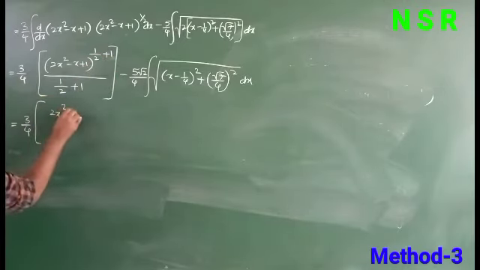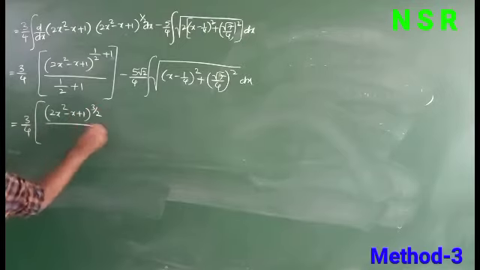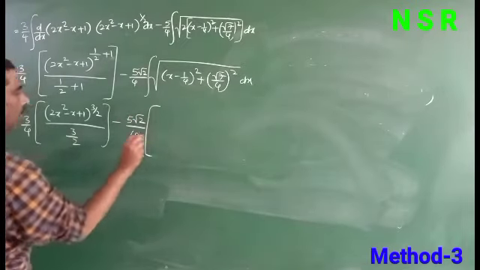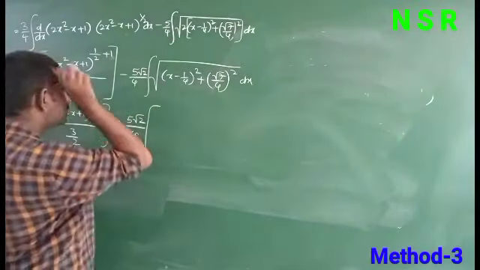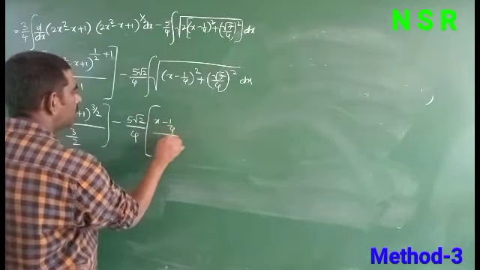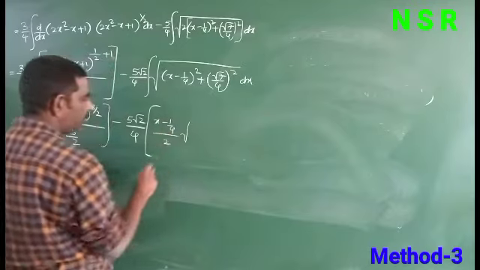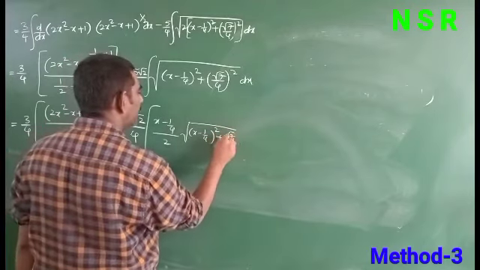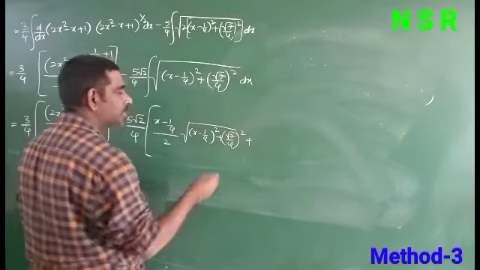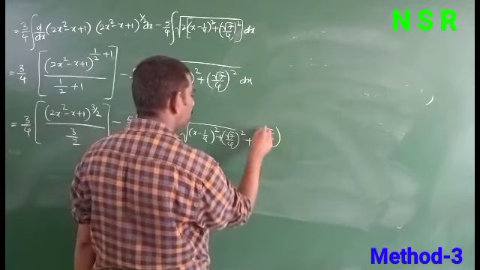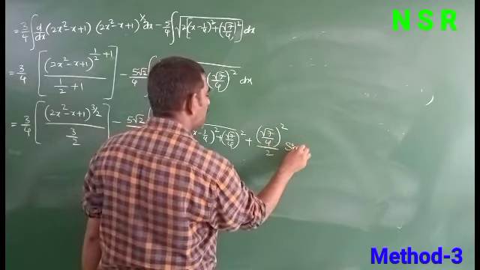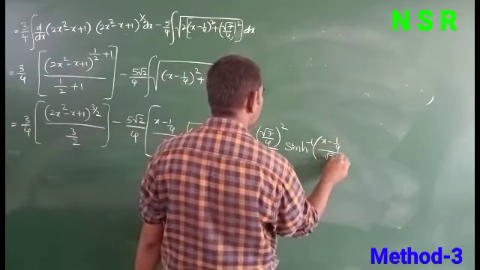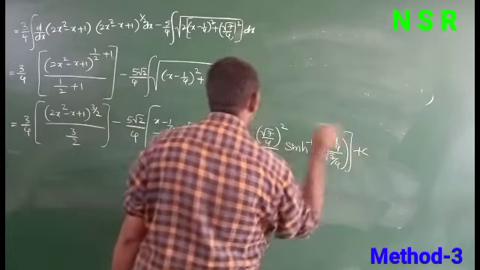So we get (2x square minus x plus 1) whole power 3 by 2 by 3 by 2, minus 5 root 2 by 4 into, now apply the formula here. The formula is x by 2, means (x minus 1 by 4) by 2 square root of x square plus a square, plus a square by 2. a square means (root 7 by 4) whole square by 2, into sin h inverse x by a, means (x minus 1 by 4) by (root 7 by 4), plus c.